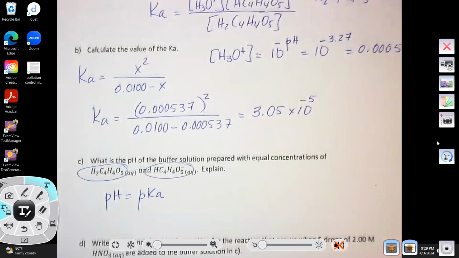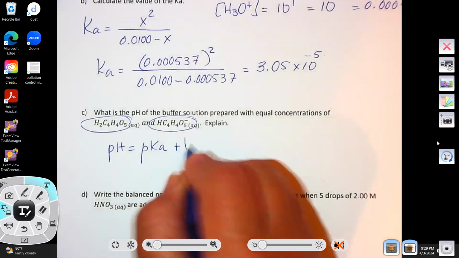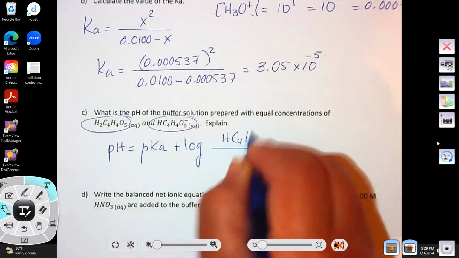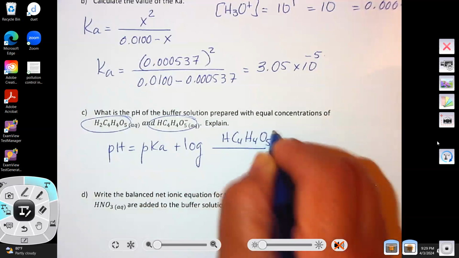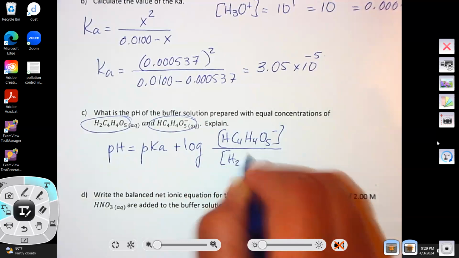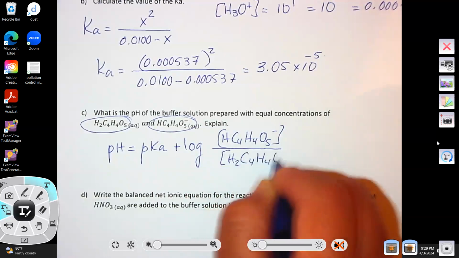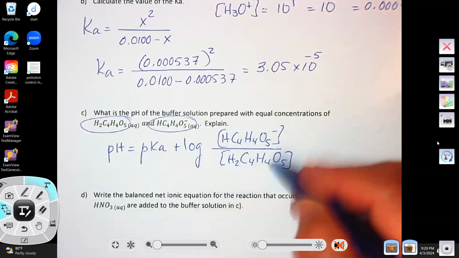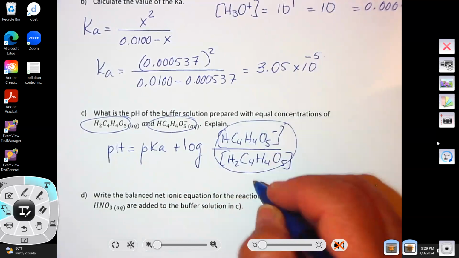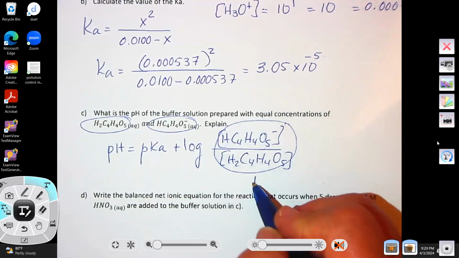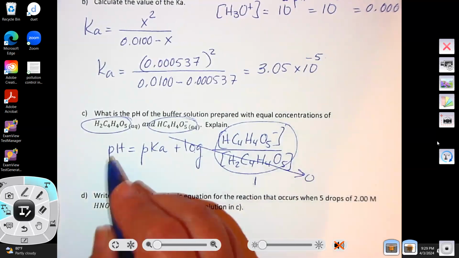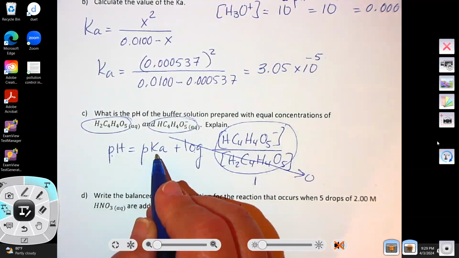From the Henderson-Hasselbalch equation, if the concentrations of these two are the same, this fraction is 1, and the logarithm of 1 is 0. So all this turns to 0, which means pH is equal to pKa.